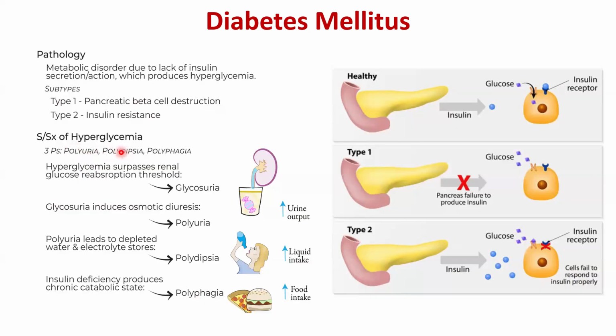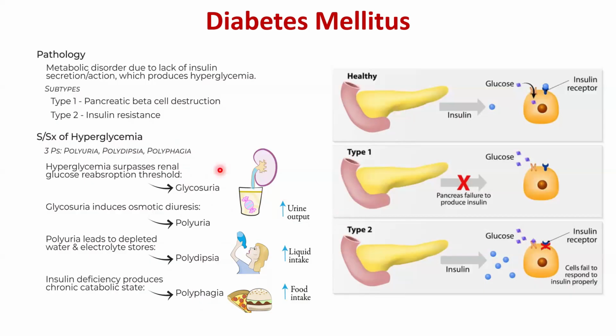Polydipsia, the person thirsts a lot. So polyuria, increased urine output. Polydipsia, increased liquid intake. And polyphagia, the person has increased appetite, so increased food intake. So glycosuria, polyuria, polydipsia, and polyphagia are some of the commonest features of diabetes mellitus.